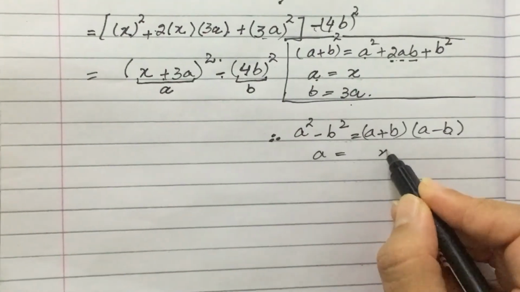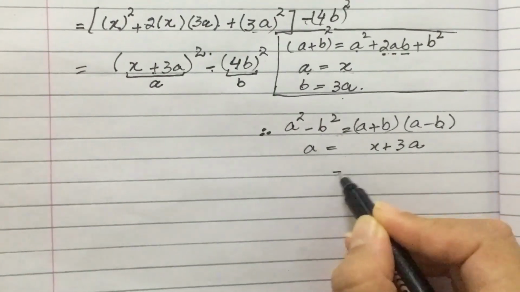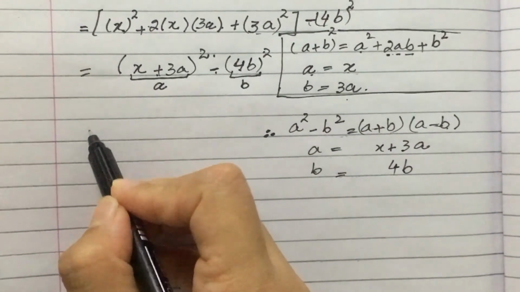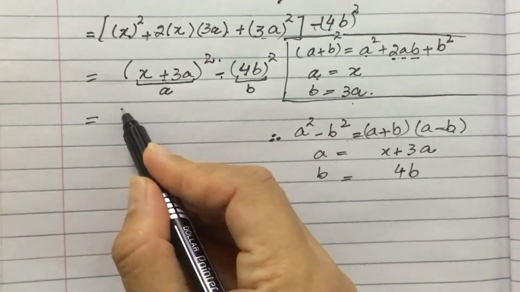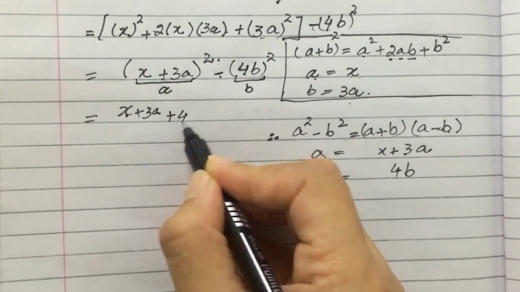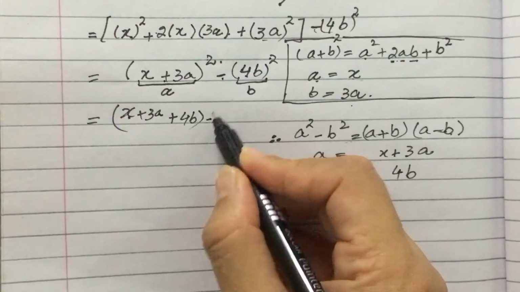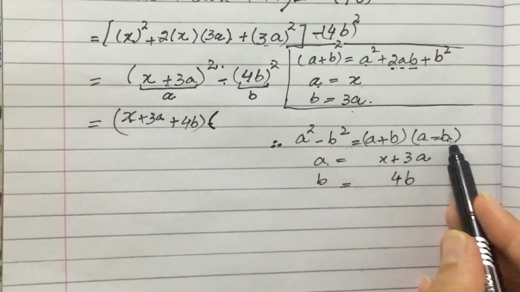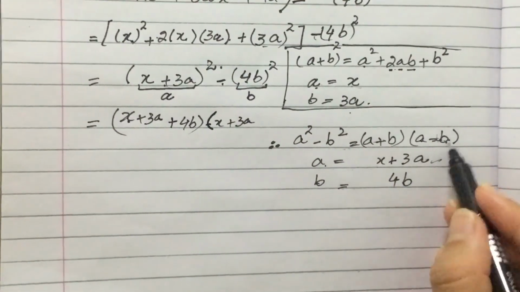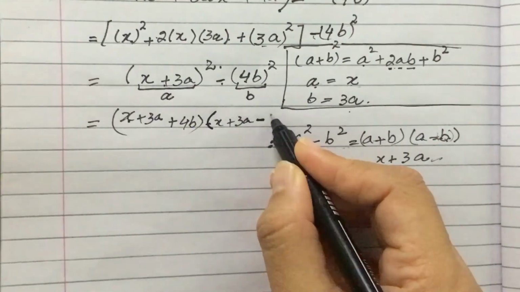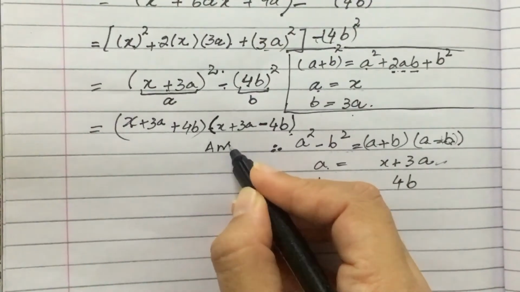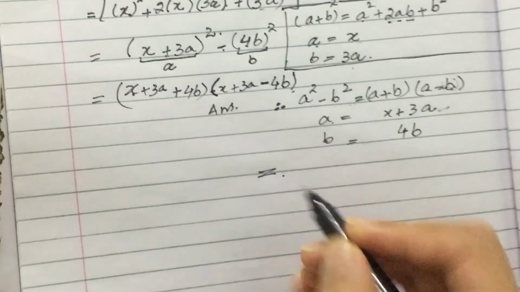A is x plus 3a and value of b is 4b. Now put values in this form. A plus b means x plus 3a, that is the value of a, plus value of b, 4b. Now a minus b, a means x plus 3a and b means 4b, minus 4b. And this is the answer. Question number 4.